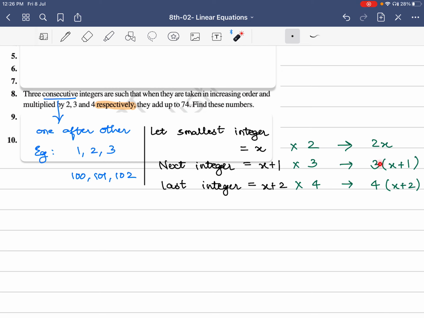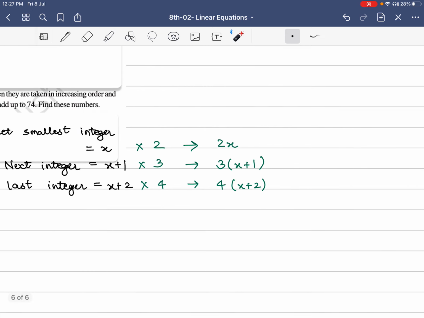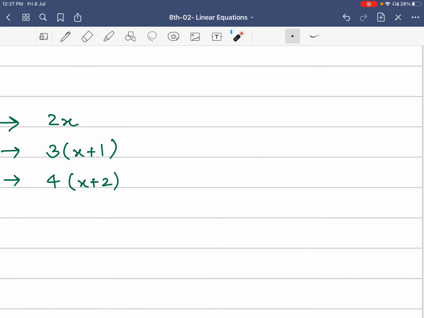Note these three expressions add up to 74, not the original numbers. These original numbers do not add to 74. After multiplying by 2, 3 and 4, these numbers add up to 74, and then we have to find the original numbers.